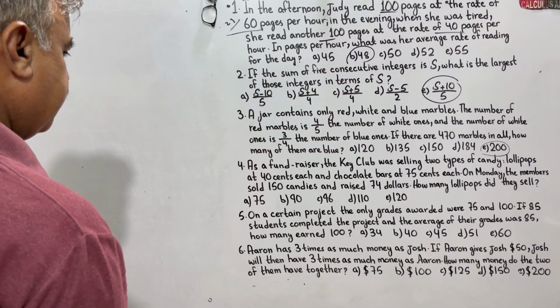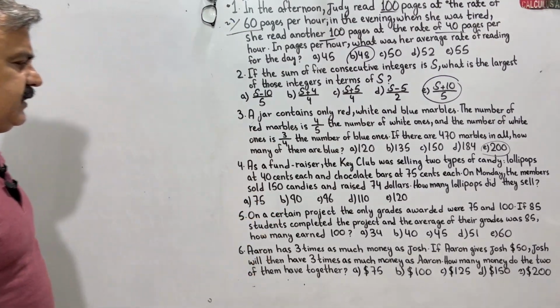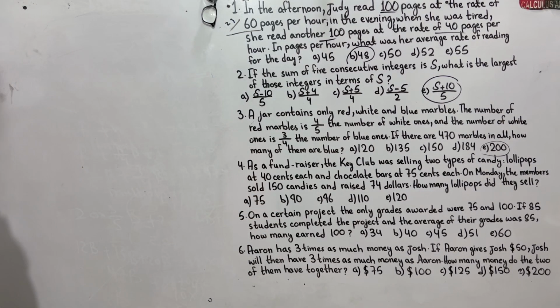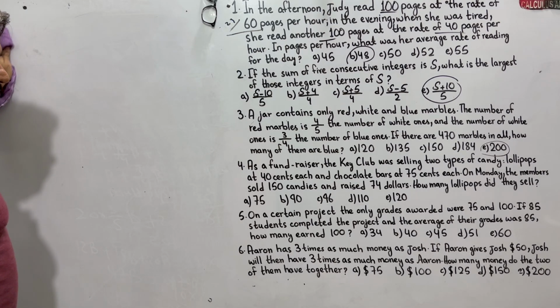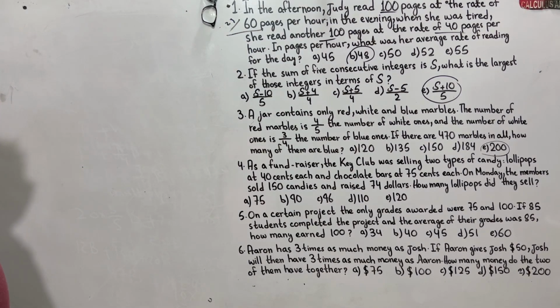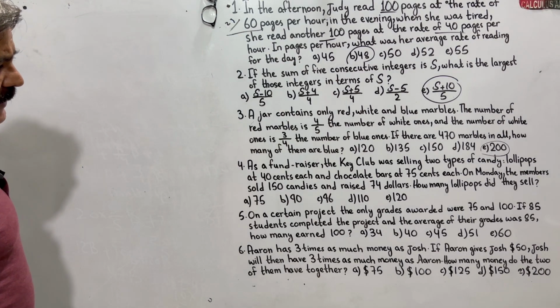On Monday, the members sold 150 candies and raised $74. How many lollipops did they sell?